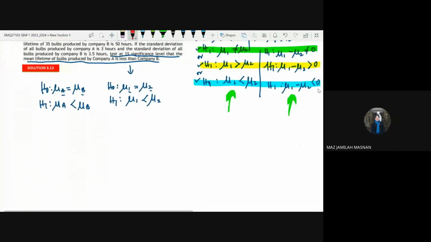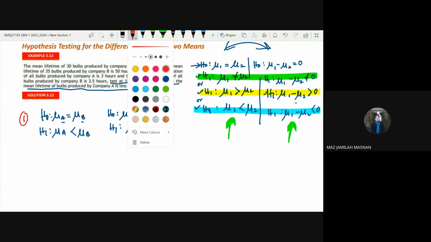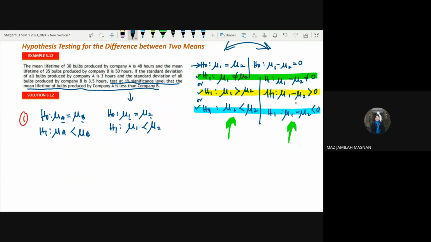So if I go back to my Excel here just now, because this is a known sigma, definitely this is the first step. The second step would be finding the z-test or finding the critical value. So let's say we find the z-test first.